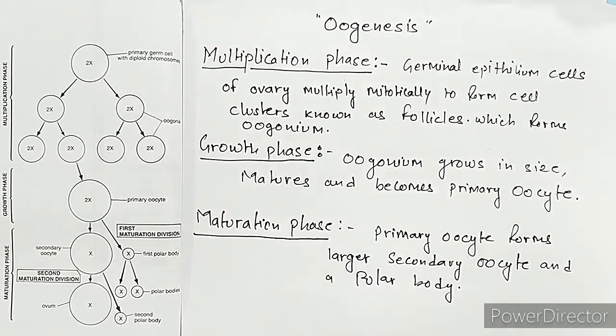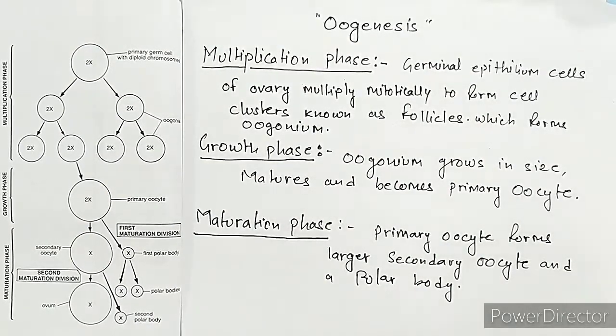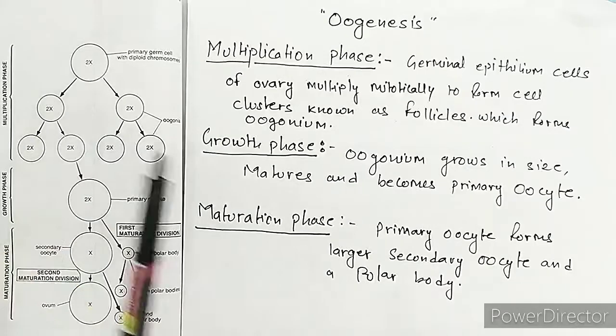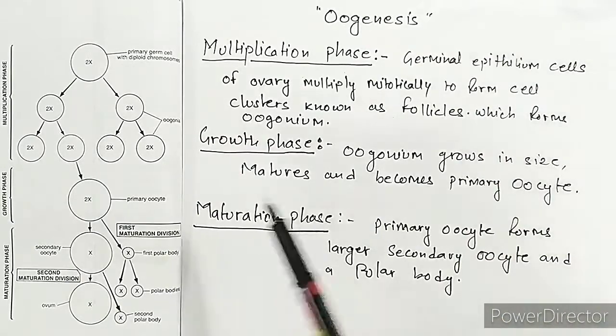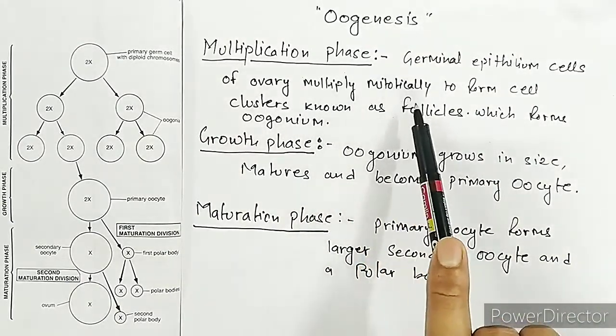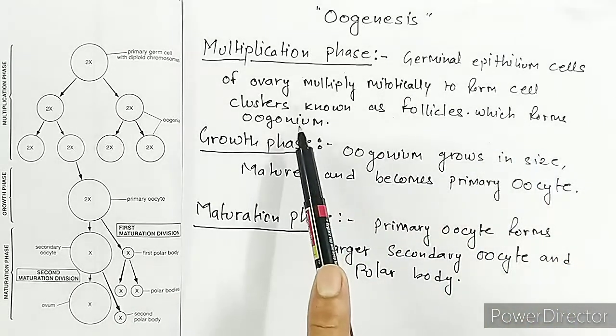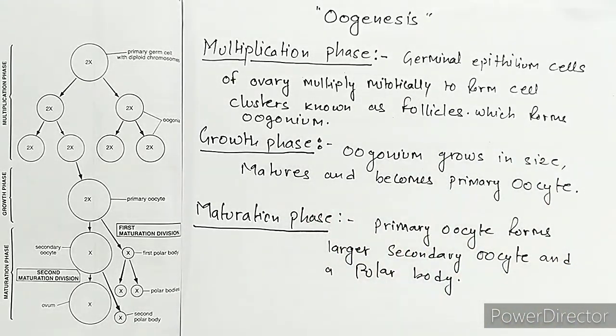And this process is no different from spermatogenesis, because the same primordial germ cell with diploid number goes into the multiplication phase, and in the multiplication phase the germinal epithelium cells of the ovary multiply mitotically to form cell clusters known as follicles, and these follicles then form oogonium or oogonia.